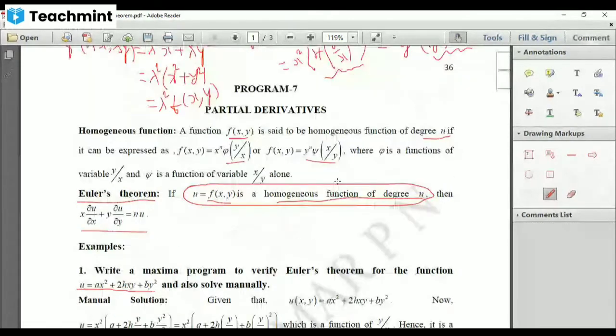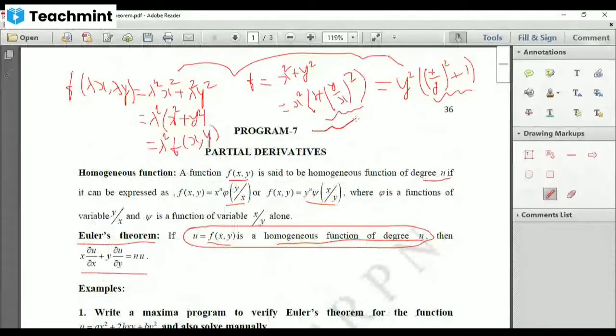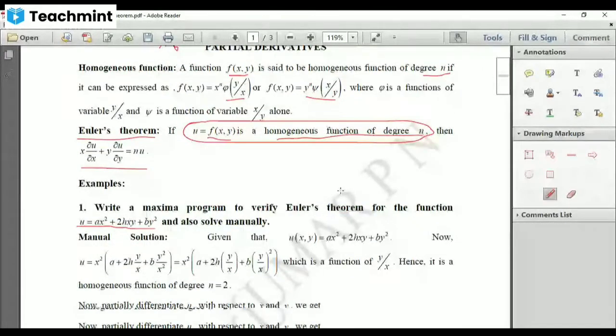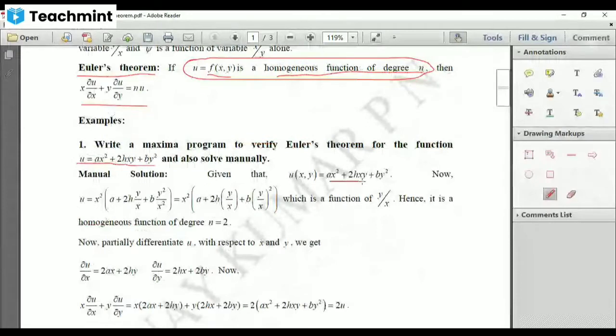Now here, let me apply this method, that is taking out the maximum power of x outside. In all these three terms, what is the maximum power of x? Here it is x square, here it is x to the power of 1, here x is absent, means x to the power of 0. So maximum power is 2. So let me take out x square outside.